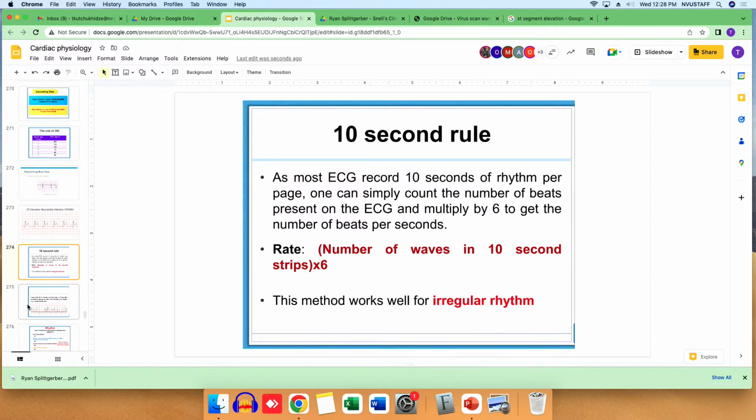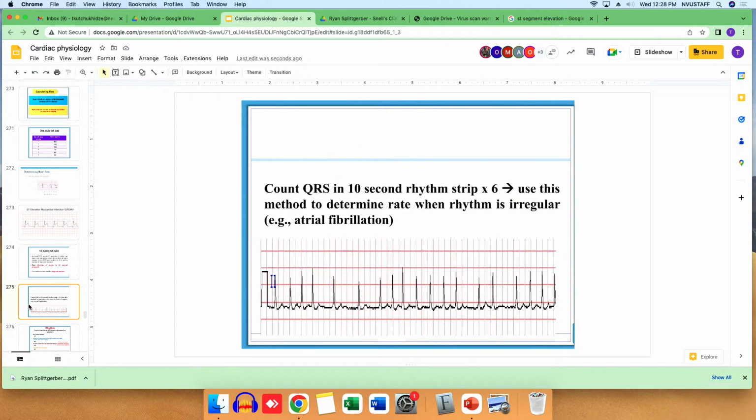For example, here, count the QRSs in the 10-second rhythm strip, and we are multiplying it by 6. Use this method to determine the rate in an irregular rhythm, for example, atrial fibrillation.